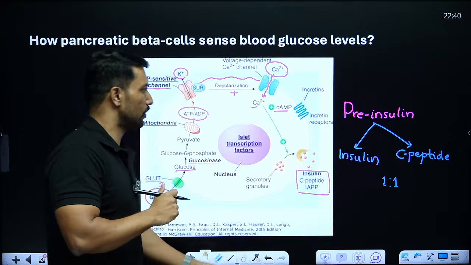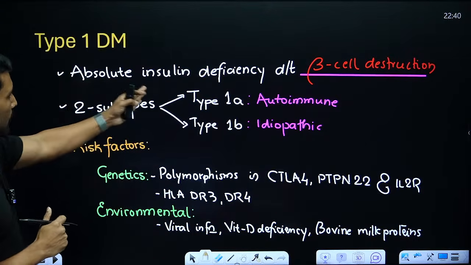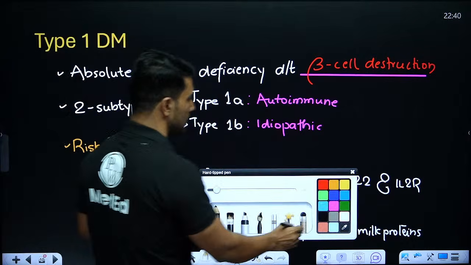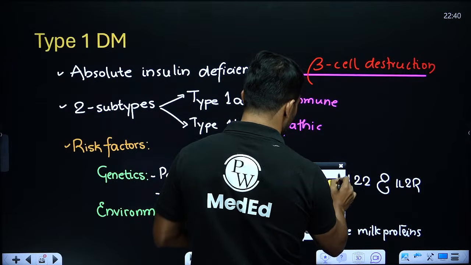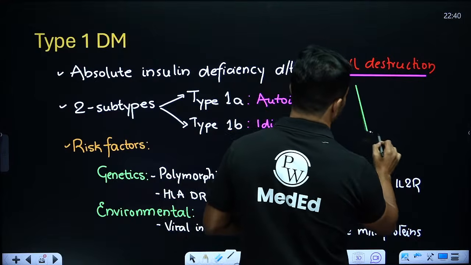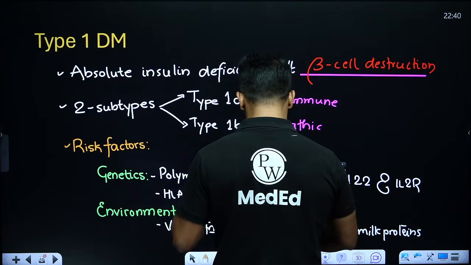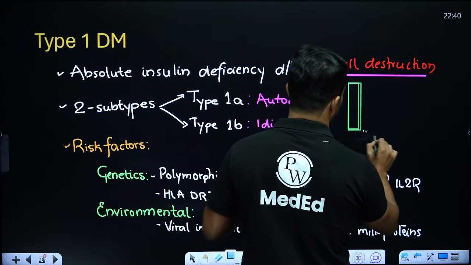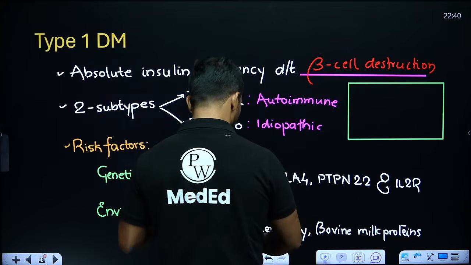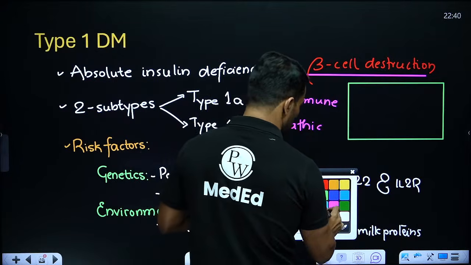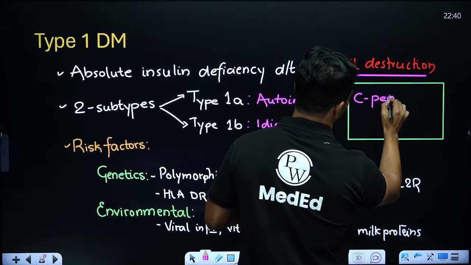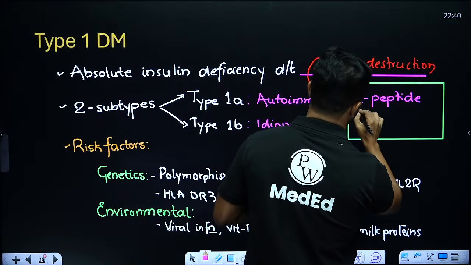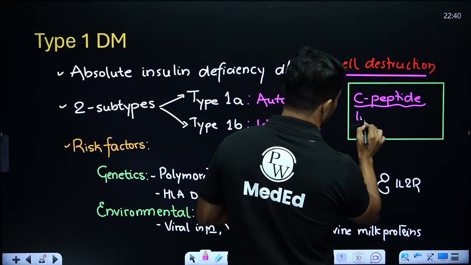Very good. So because here there is absolute insulin deficiency, if I check the C-peptide levels, I'm going to expect them to be low or undetectable. So in these patients, the C-peptide levels are going to be low or undetectable because there is absolute insulin deficiency.